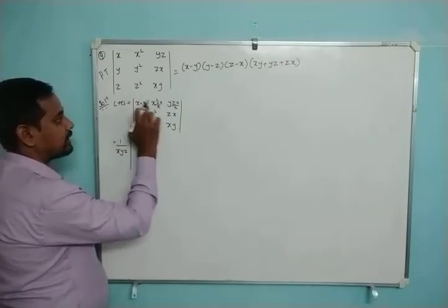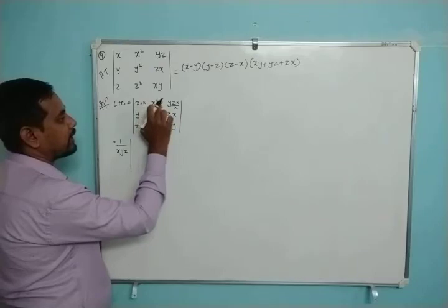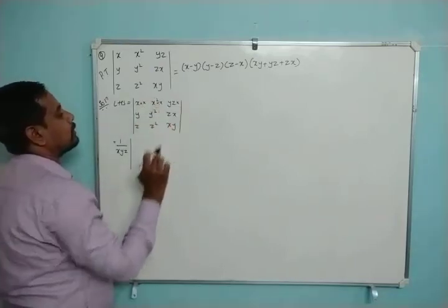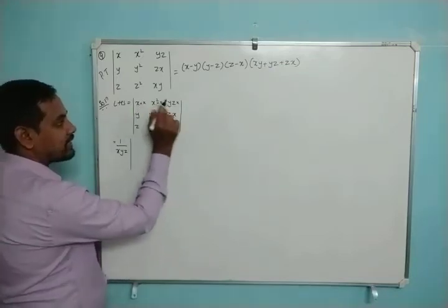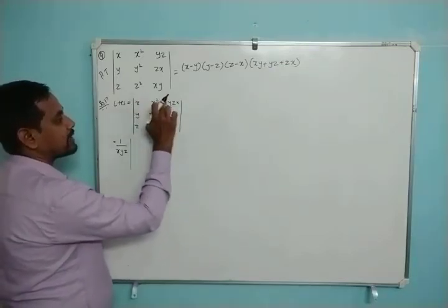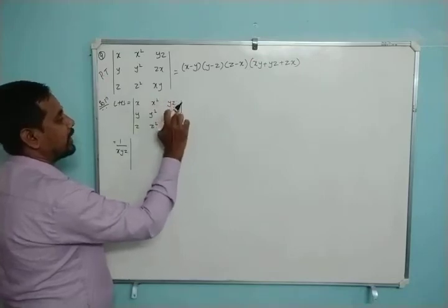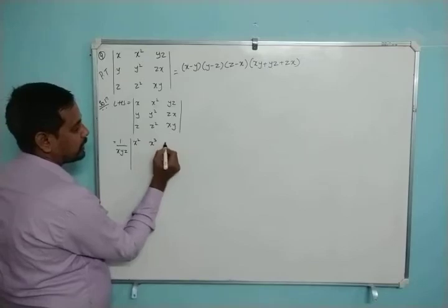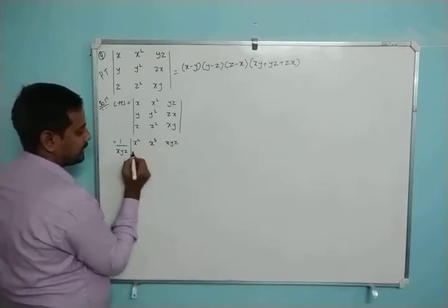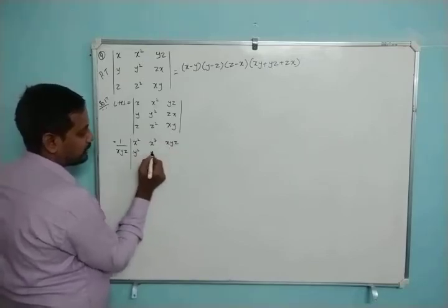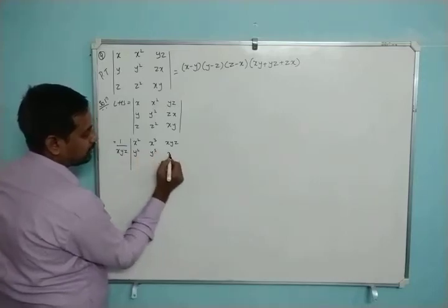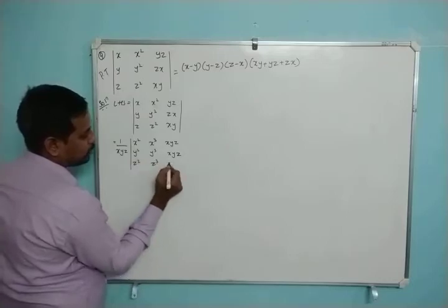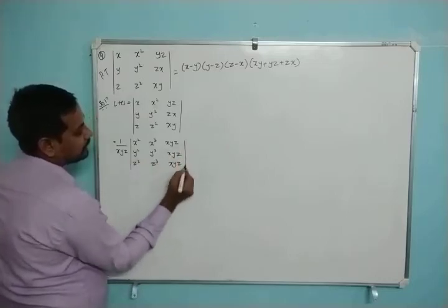But x is still there in the numerator. So that can be written as x square, x cube and xyz. So here it becomes x square, here x cube, here xyz. So here y square, y cube, xyz, z square, z cube, xyz.